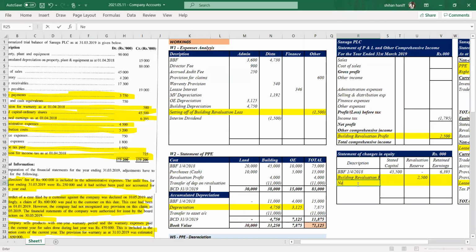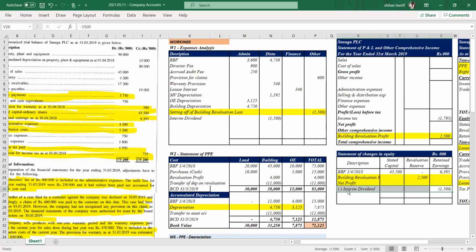after net profit, minus interim dividend, minus 1,500.